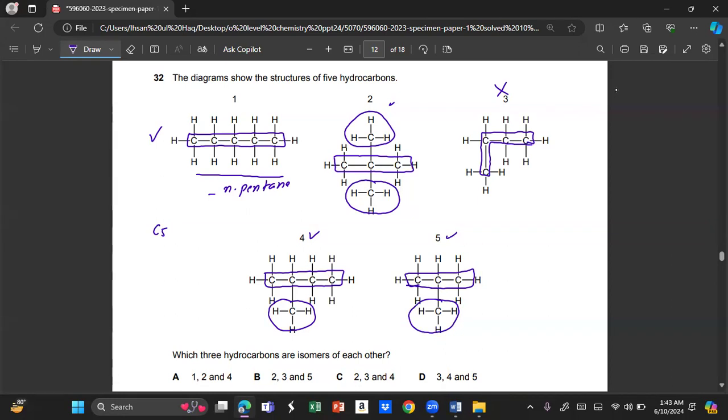When we say isomers, we mean different structures but the same number of atoms. Same number of atoms means same molecular formula. So structures 1, 2, and 4 are different structures, but they have the same number of carbon and hydrogen atoms. So option A, which is 1, 2, and 4, is correct.